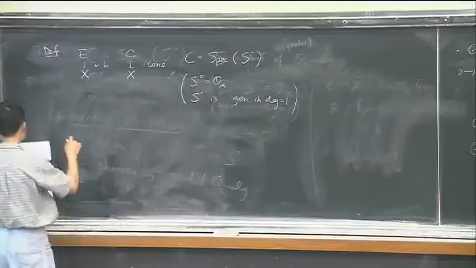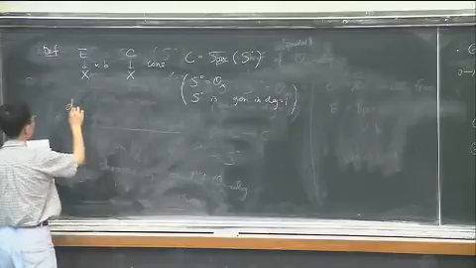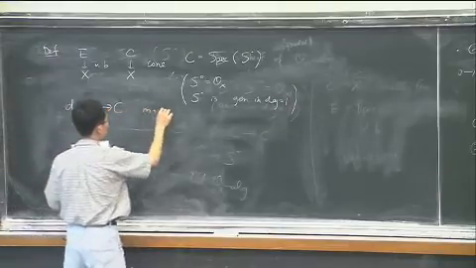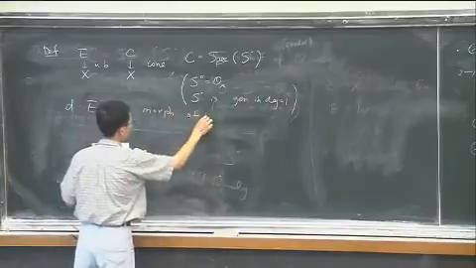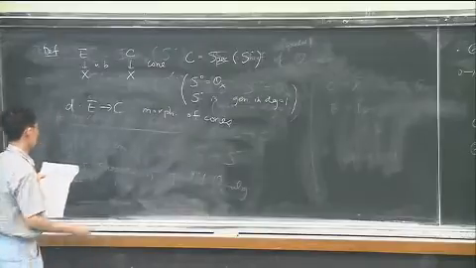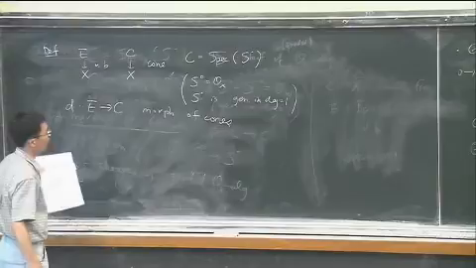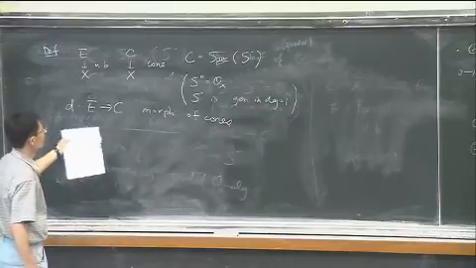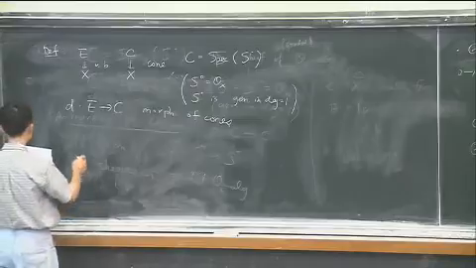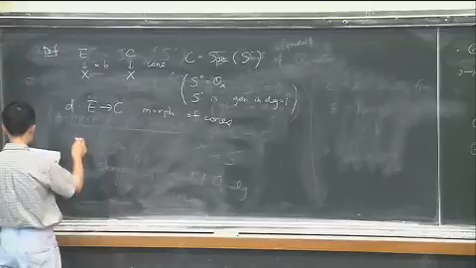Then, given a morphism of cones, E to C, which I just defined, it just means a morphism of sheaves of OX algebras in the dual direction.